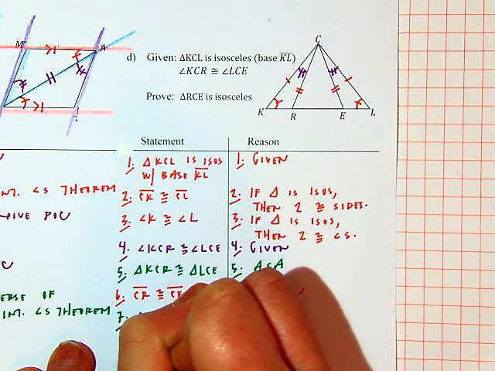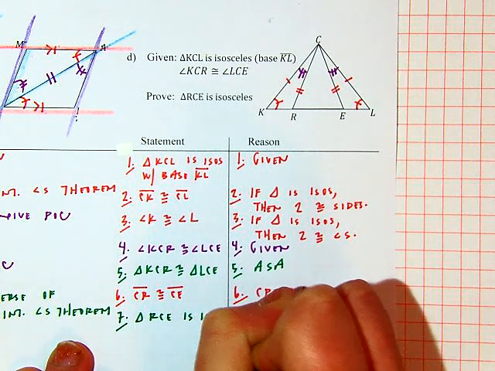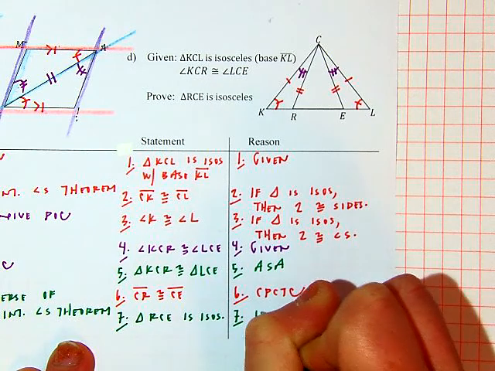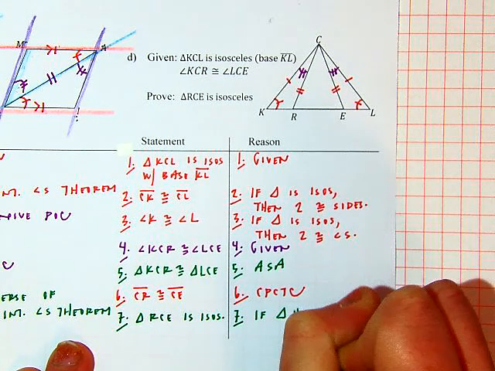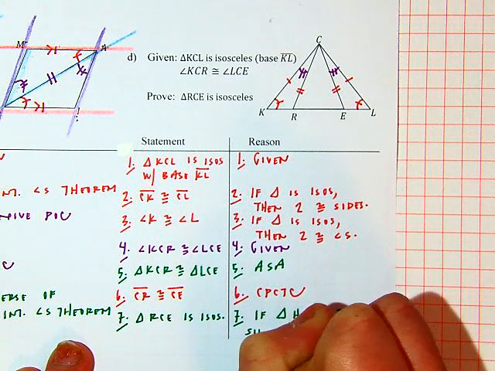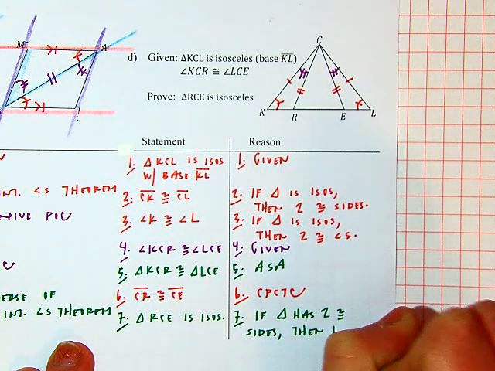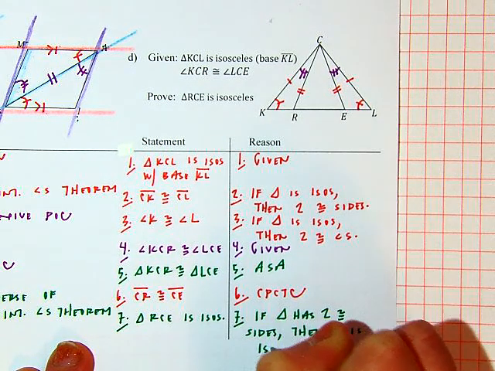So triangle RCE is isosceles. So if a triangle has two congruent sides, then it is isosceles.